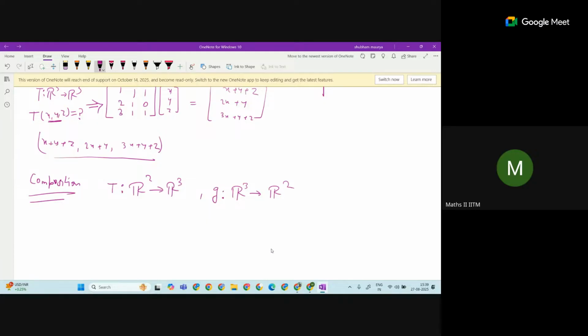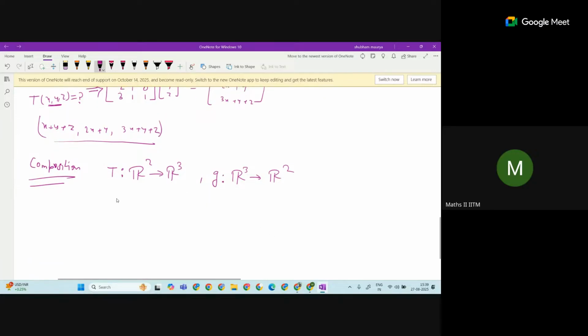There is a composition, as you know, T compose S, which means T of S of x.